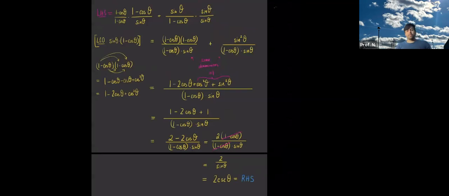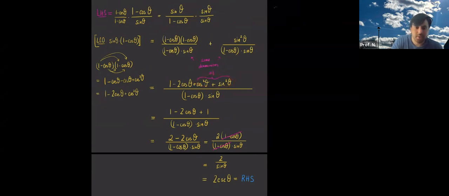This is a bit longer. This took a little bit longer to show that the left-hand side equals the right-hand side, but it was still possible. A bit more algebra was used, but not so much. It was just that we had to combine two fractions. That was really the whole crux of this. And once we were able to do that, we were able to figure out certain identities that we should have fresh in our minds.